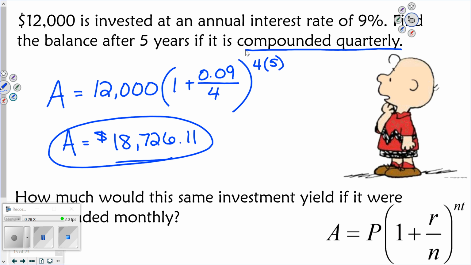Check your calculator. If you did not get that, make sure you close the parenthesis after. If you don't close the parenthesis after a fraction, you're going to get a very different answer. Monty, did you put your 4 times 5 in parentheses? Since you're on that calculator, after you hit your caret, you're going to have to open a parenthesis, 4 times 5, and then close them like that.